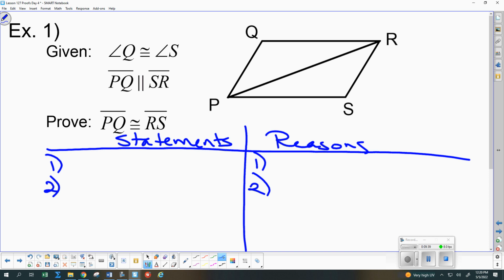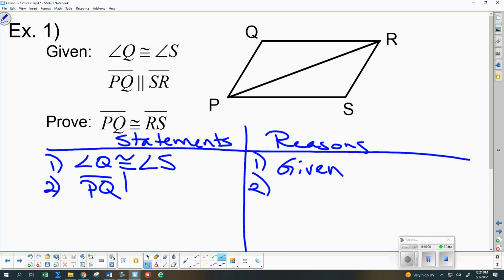So Jack, help us out. What are you putting for 1 and 2? Parallel to.